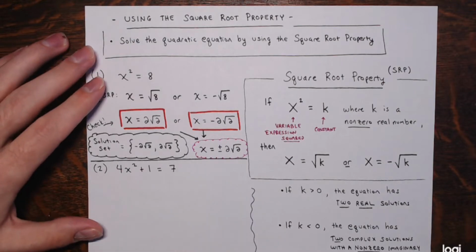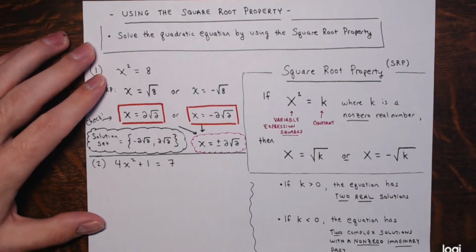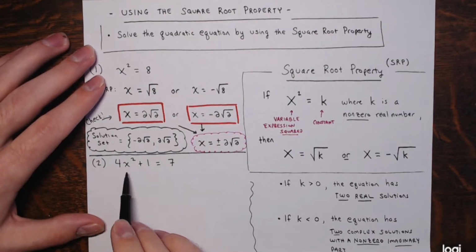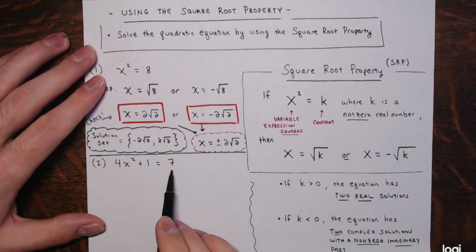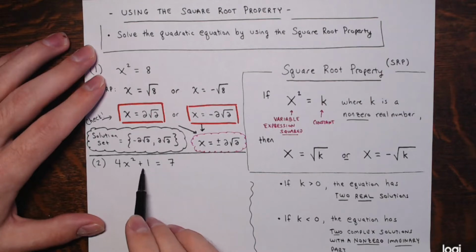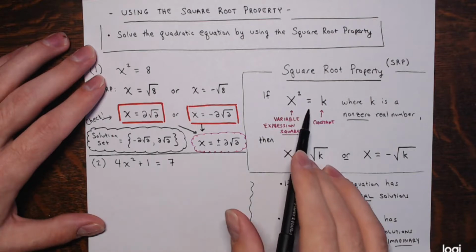Okay, so the next example. Now, this is 4x squared plus 1 equals 7. Again, my first step, if it's possible. If there was another x term, like x to the first power, I wouldn't be able to do this.